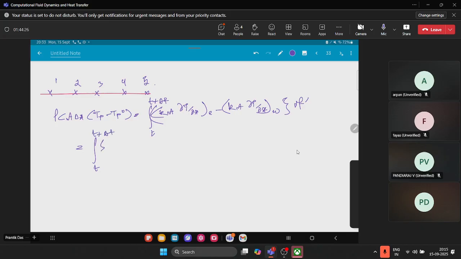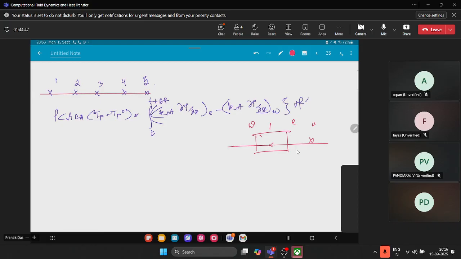And if, for example, I start with the first cell center, the first cell center is this one, with the same boundary condition, which is an insulated boundary condition at the left-hand side of the domain itself.